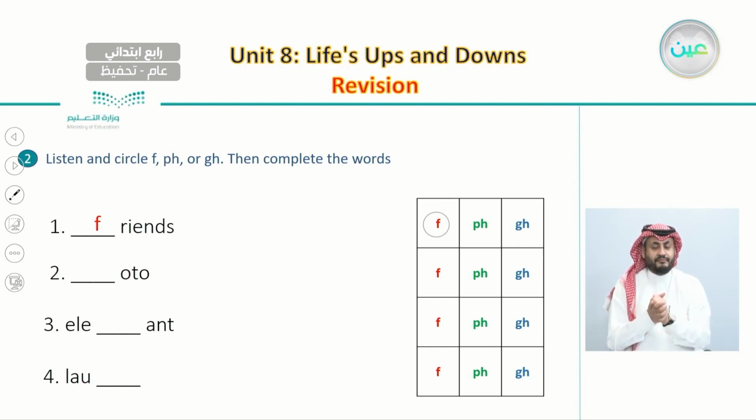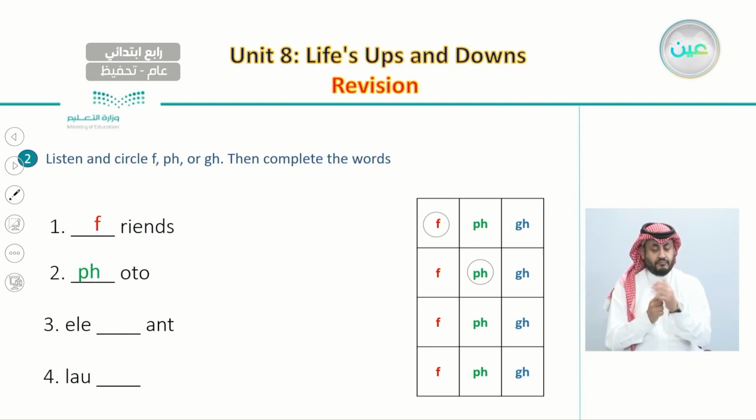The word of number 2 is photo. Does it start with F or PH or GH? What do you think? It, of course, starts with PH. So here we write PH, and we're going to circle it here on the table.